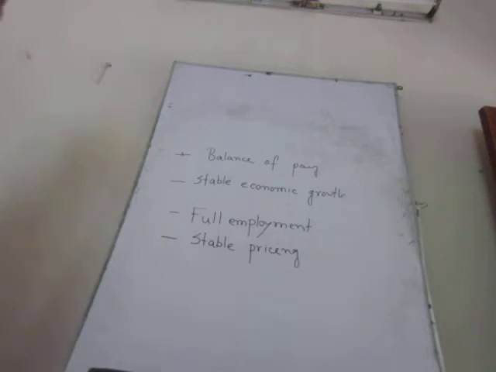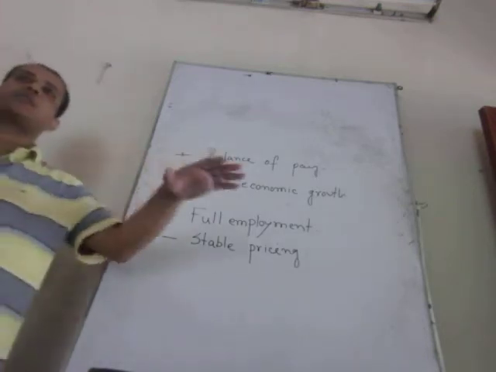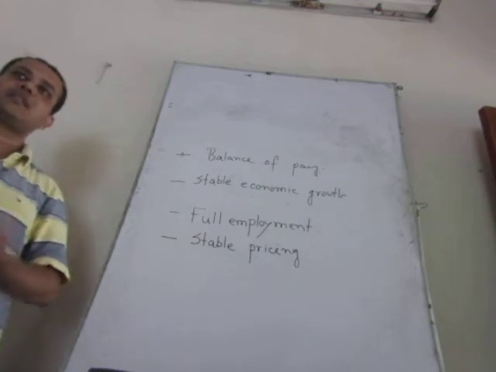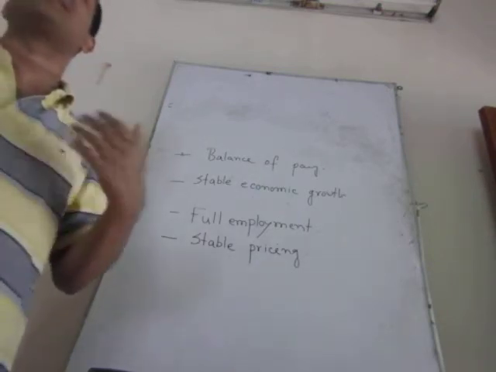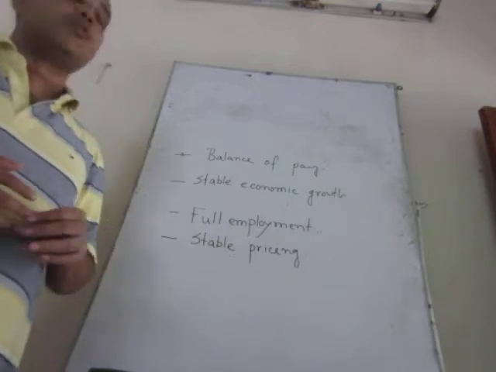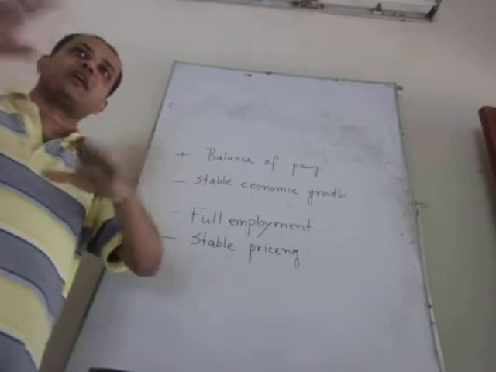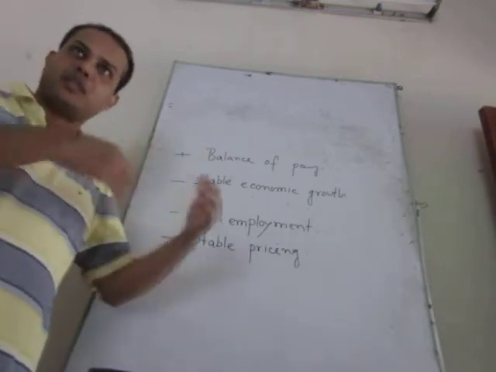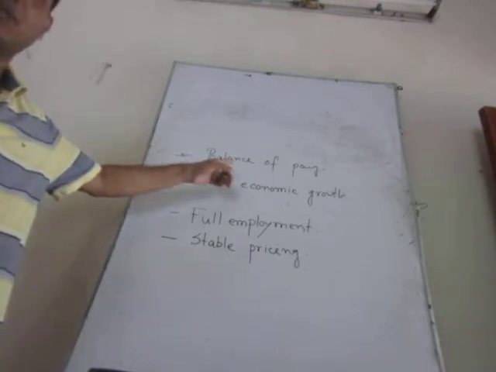Balance of payment means each government have to deal with export and import of the country, right? Every country have to export its goods as well as import some necessities from the other countries. So balance of payment means the difference between the export and import. So we'll discuss this later on. So this is another objective government have to deal with.